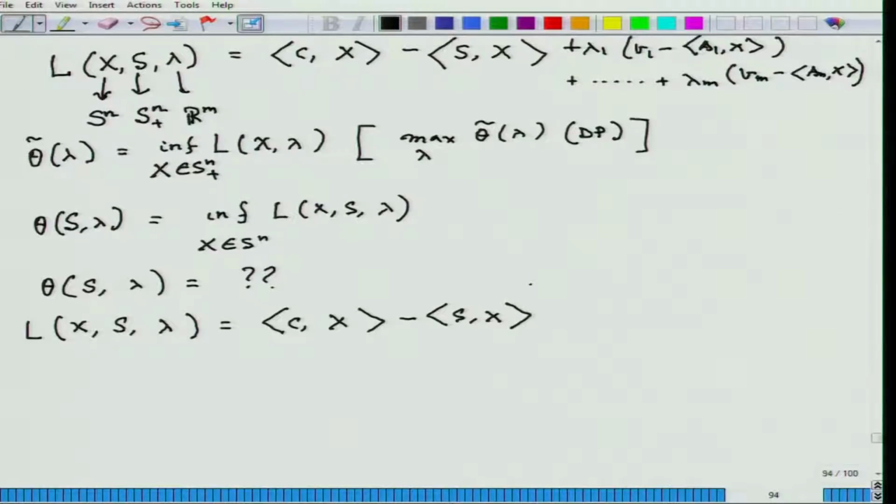I am rewriting this. Now, I will club lambda 1 b 1 up to lambda m b m together, and basically I will have lambda transpose b, which you could have written as mu b also, it does not matter, minus lambda 1 a 1 minus up to lambda m a m.